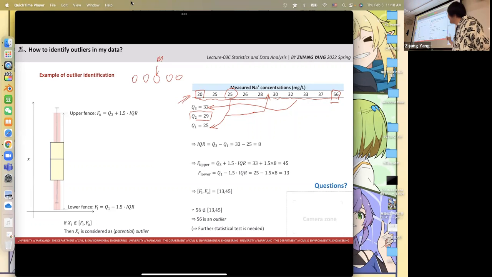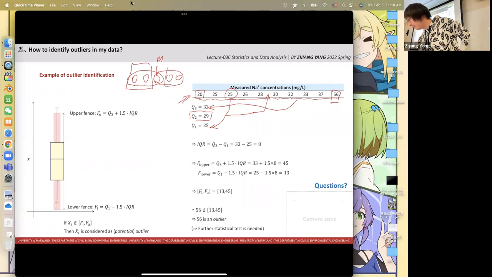For the upper half and lower half, this is a little bit controversial, because based on Wikipedia, we have 2 methods to do this split, and then we have 2 different Q1 and Q3 based on the 2 methods.